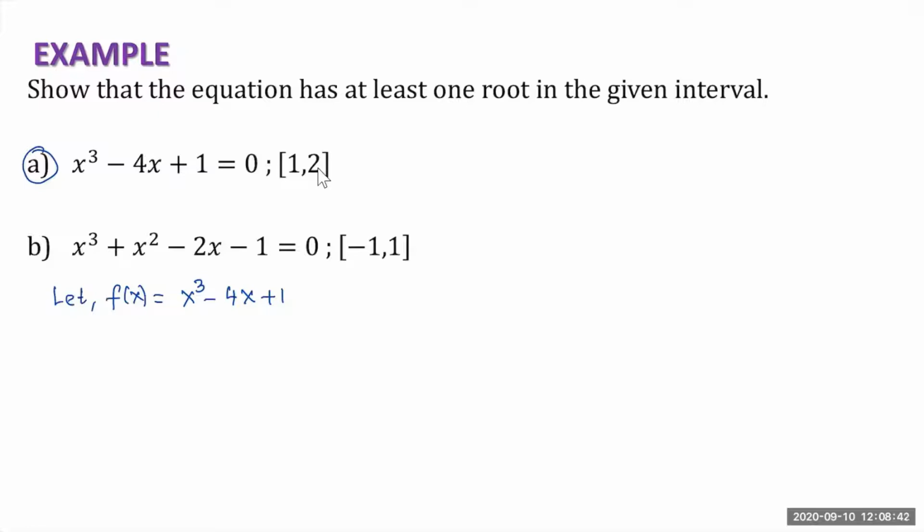So if you want to find those values, f of 1, if you plug in 1, let's see what we get: 1 cubed minus 4 times 1 plus 1, which is equal to negative 2.